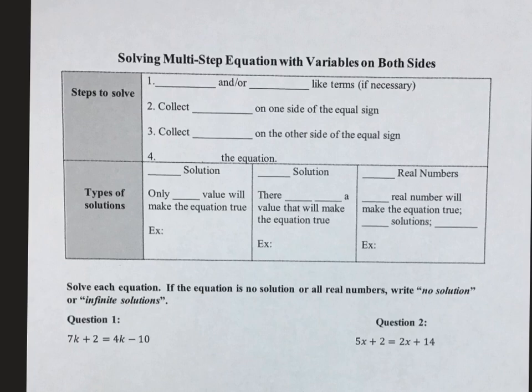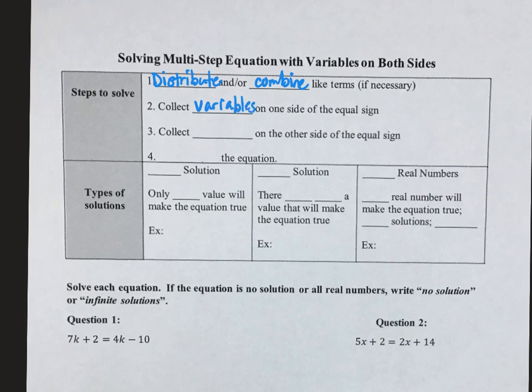If you notice, these steps to solve on the top are very similar to what we did yesterday. So, steps to solve: we are going to distribute and combine like terms if necessary. So let's go ahead and distribute and/or combine like terms as necessary. In step 2, we're going to collect the variables.